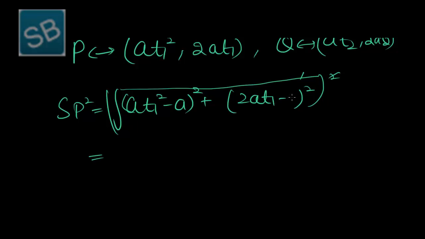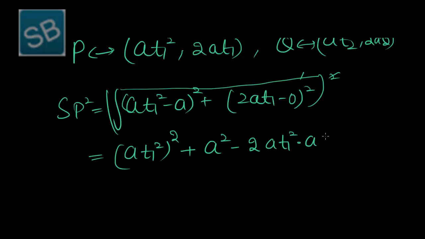So 2at1 minus 0. So opening the square and under root is cancelled out and we get at1 square minus a whole square, that is a square t1 square whole square plus a square minus 2a square t1 square, plus 2at1 whole square is 4a square t1 square.